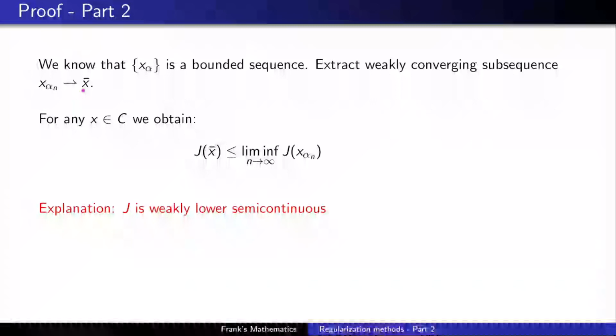Now we do some estimates, and we take an arbitrary point in our admissible set C, and we start by using the definition of the weak lower semi-continuity of our function j. Remember, j is a continuous and convex function, therefore it's weakly lower semi-continuous, and this is just the definition of weak lower semi-continuity.